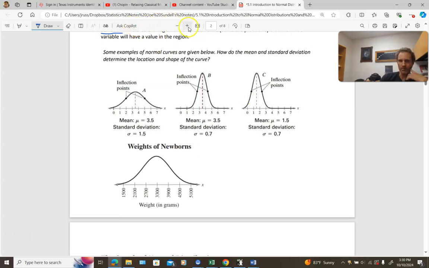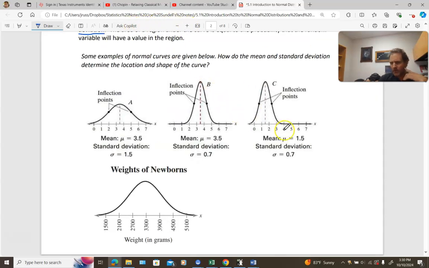I'm going to zoom in just a little bit here. All right, so let's look at these 3. You'll notice these first 2 guys, the mean is the same. It's 3.5, and we don't know what this is measuring, nor does it really matter. So you can see the center of the distribution is right here above 3.5 on the horizontal or x-axis. But notice how distribution A is much more spread out.